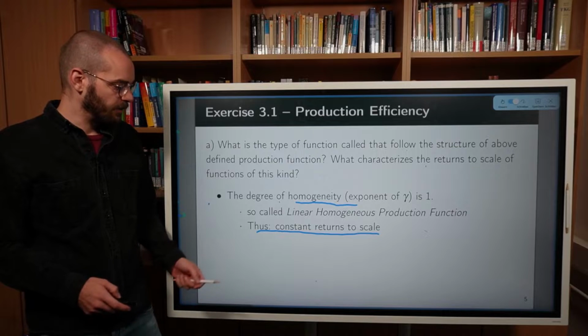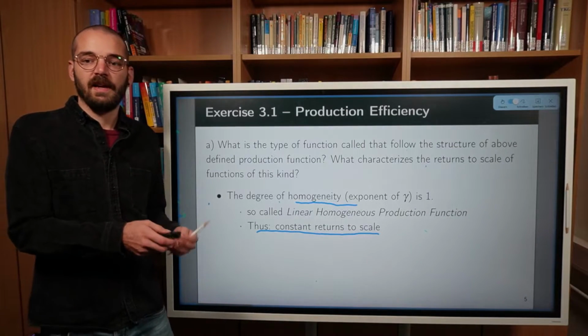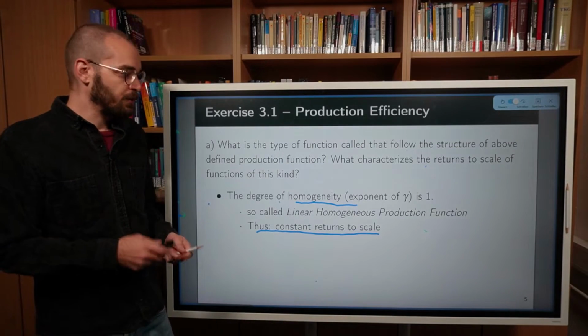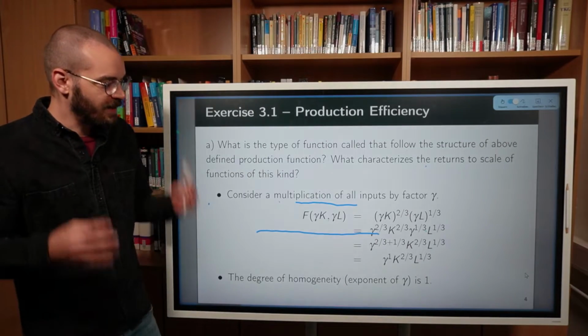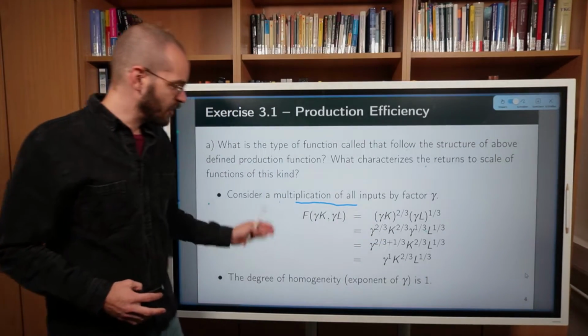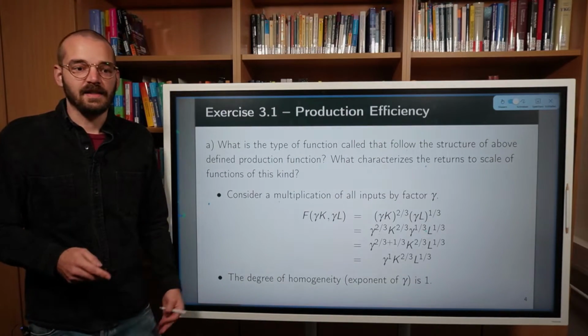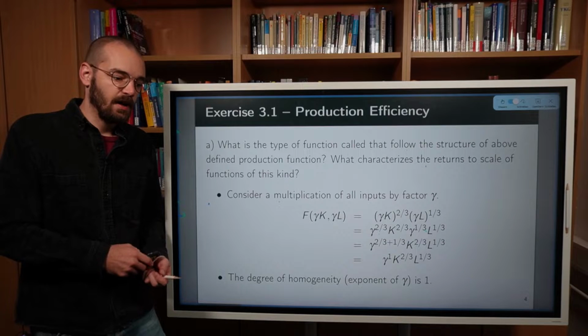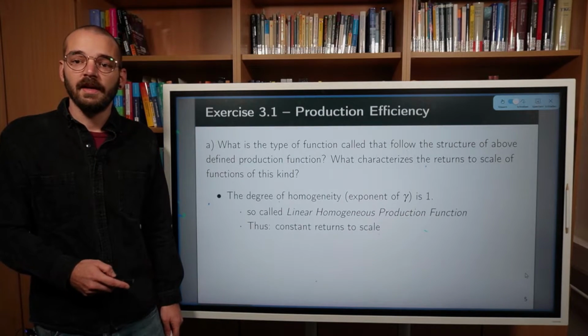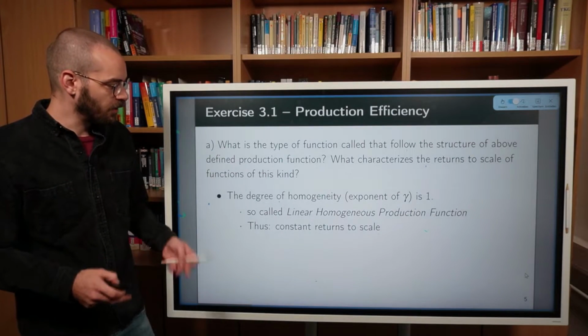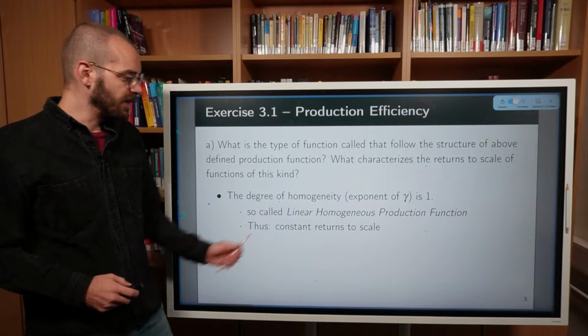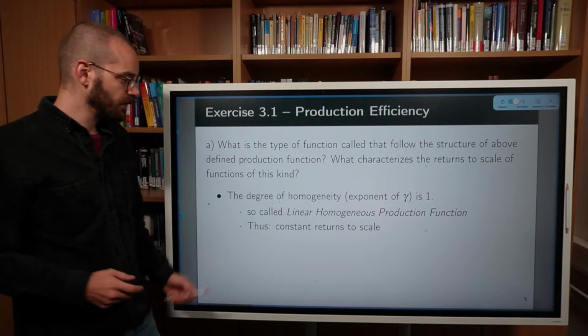So I tried to lay out or explain earlier that what we are doing here in a more mathematical sense is we are simply checking for the degree of homogeneity of the function, and in case we have a degree of 1, we also call this result a linear homogeneous production function.